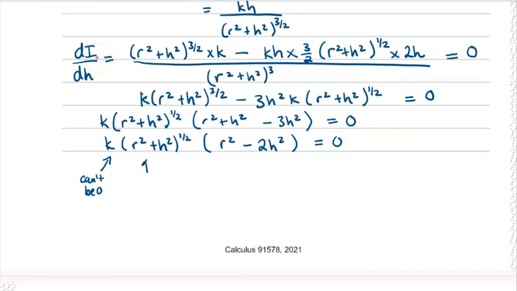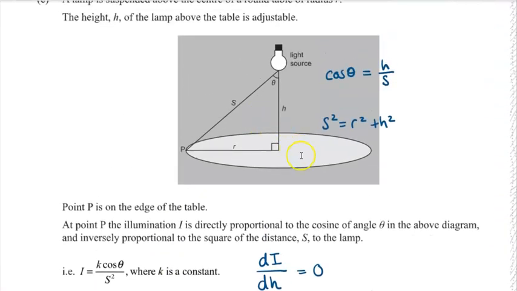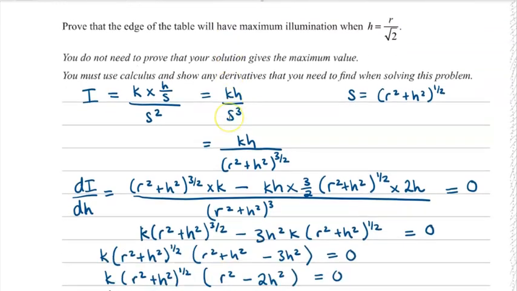We also can't have this bit here be 0 because s cannot be equal to 0. This right here was the square root of r squared plus h squared, which was our s value. We can't have this hypotenuse of the triangle being equal to 0.